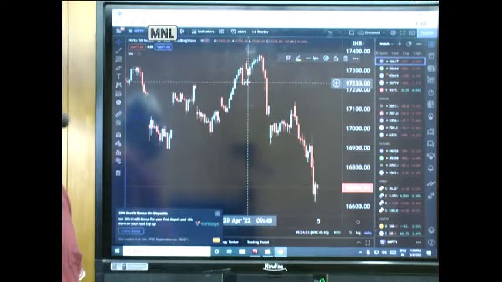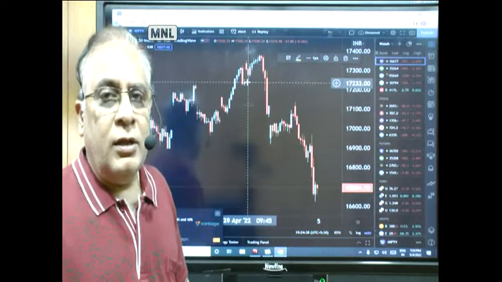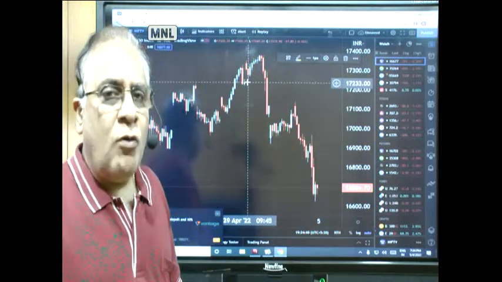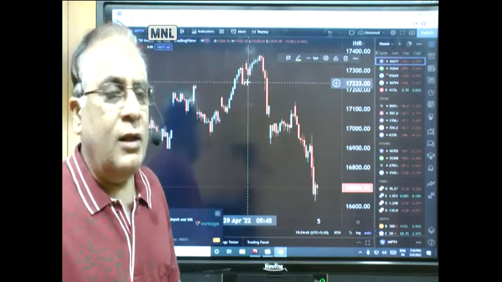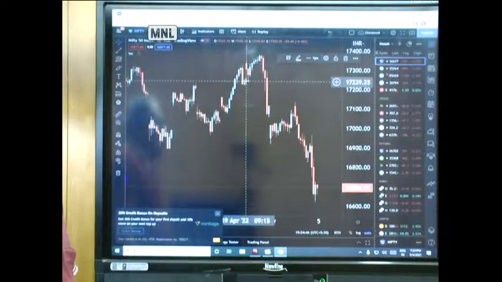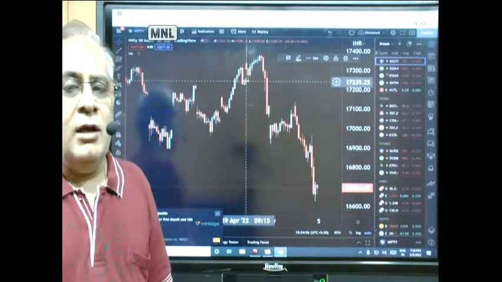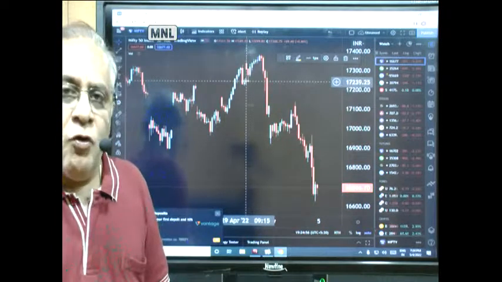So around 60 points. So normally, you have got something like 45 to 60 points as the range. So 60 points in the opening sessions seems to be there. So if at all it goes above this place, then we should be very careful of more than 60 points from here. So 17,349, if you add 60 points, normally you will have something like 17,409 or so.